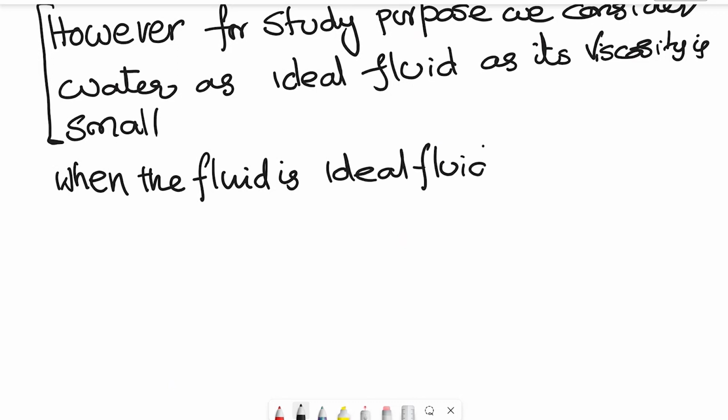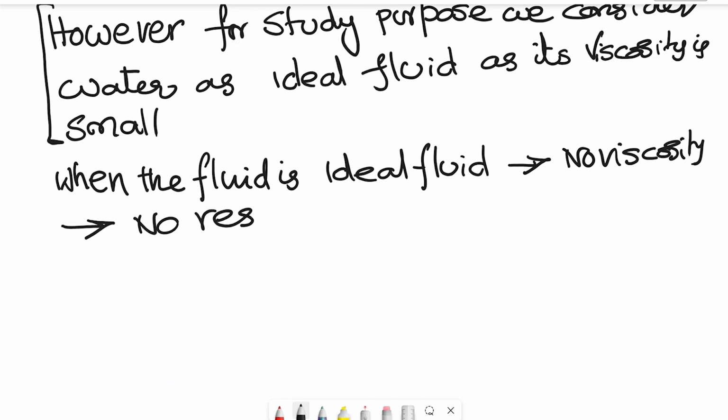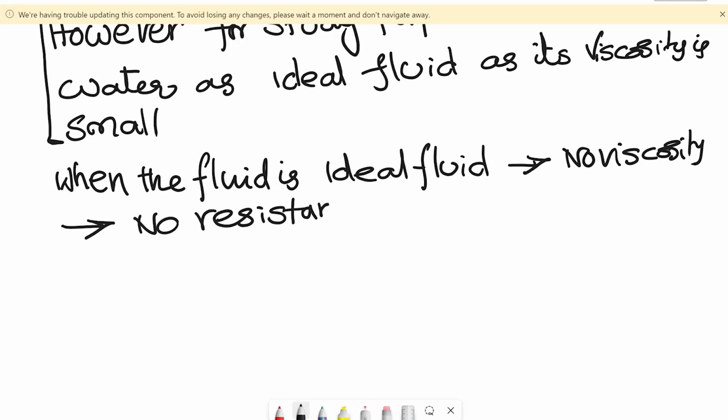Ideal fluid means no viscosity, and no viscosity means no resistance. This is the only thing that you should remember.